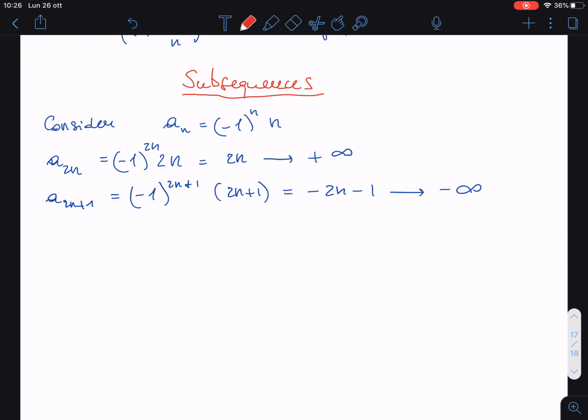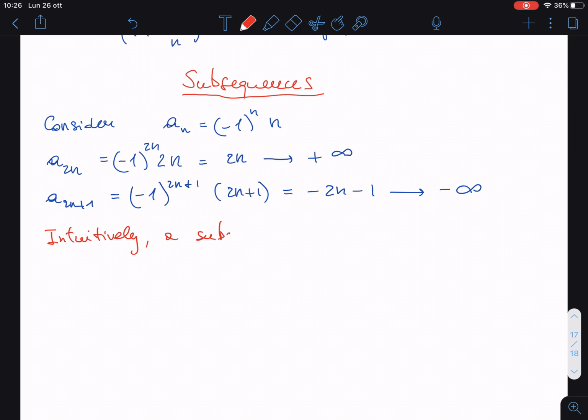The complicated definition I will give you later. So intuitively, a subsequence of a given sequence is a sequence.